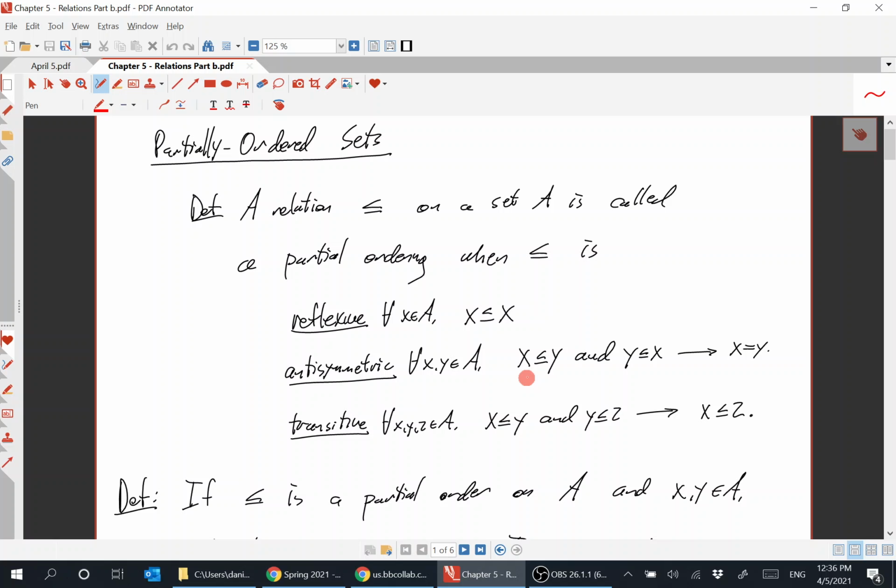Remember, antisymmetric means x less than or equal to y, and y less than or equal to x implies x equals y. Transitive is x less than or equal to y, and y less than or equal to z implies x is less than or equal to z. All right.